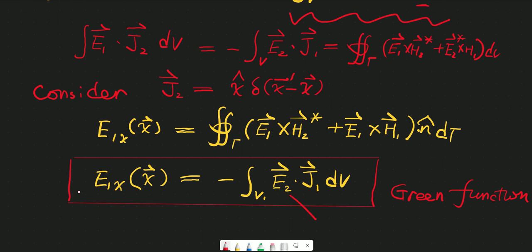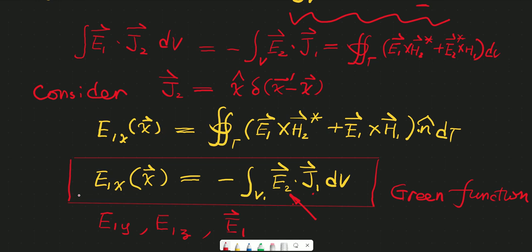You use the current and the Green function, and you can calculate the electric field. If you get one electric field component, you can also get E1's Y, and with a similar method E1's Z, and hence you can get the whole E1.